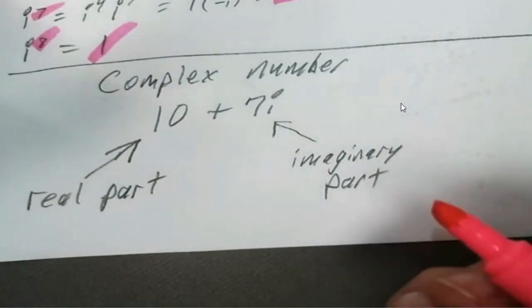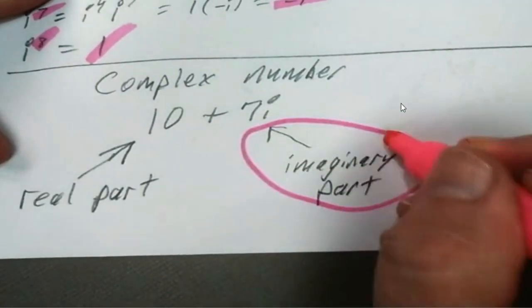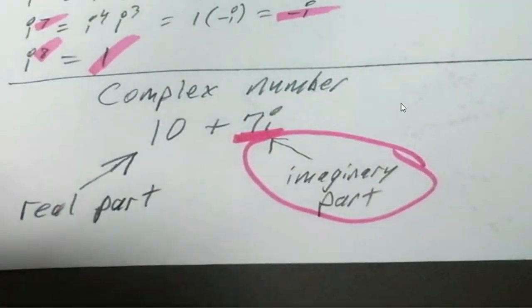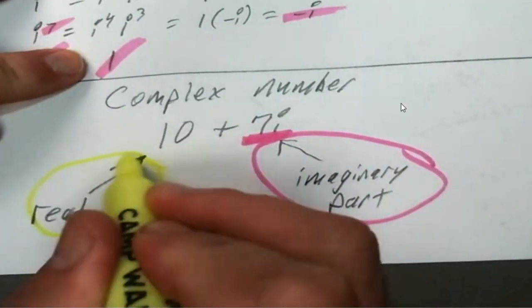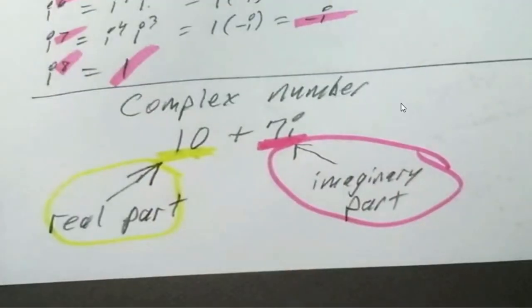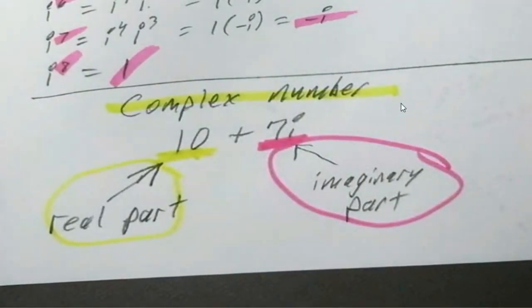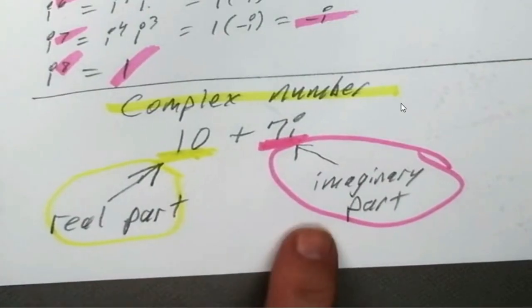So that's the imaginary part. This is the real part. Complex numbers. So all complex numbers have a real part and an imaginary part.